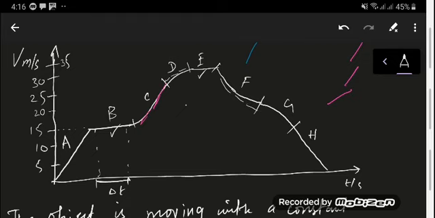For the negative acceleration, it is decreasing negative acceleration. You see, this is decreasing negative acceleration, and this is increasing negative acceleration, right? So these are non-uniform accelerations, but they are negative, right? And for H, it is the constant retardation or constant deceleration, because the gradient is negative, right?